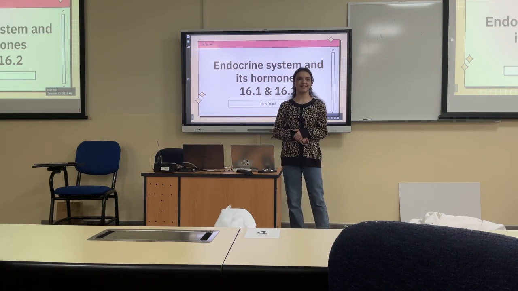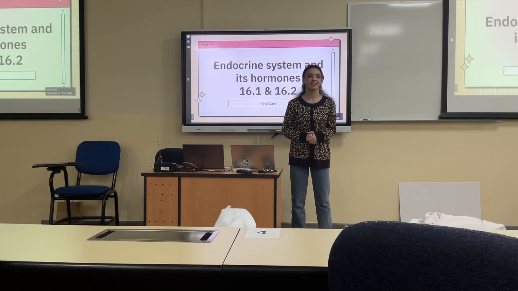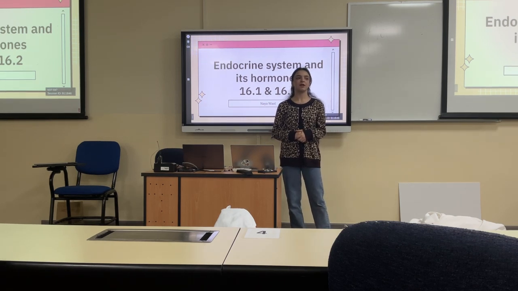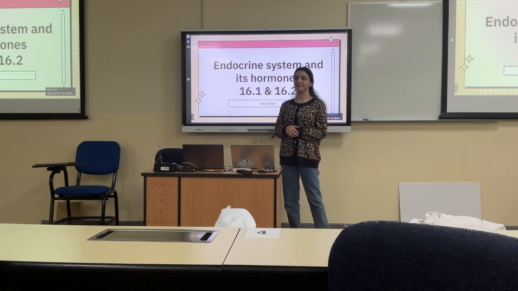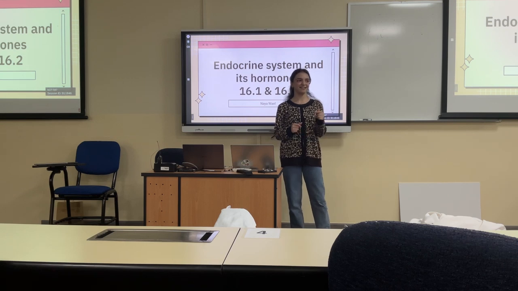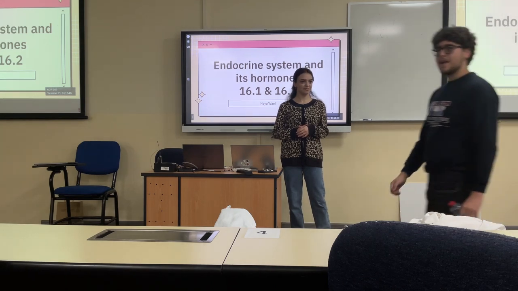The endocrine sends more hormones, and the nervous system is more electrical. Endocrine system takes longer to act, but the nervous system is faster.